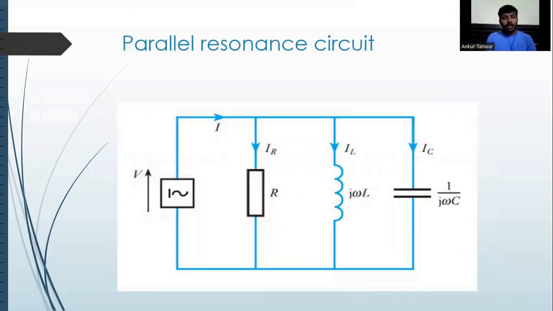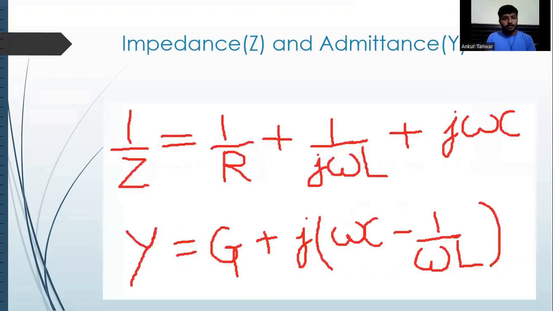Where I have described the series circuit, similarly, the parallel resonance circuit looks like this. The resistor, inductor, and capacitor are in parallel, and the AC source is connected to them, and these three elements are at the same potential.